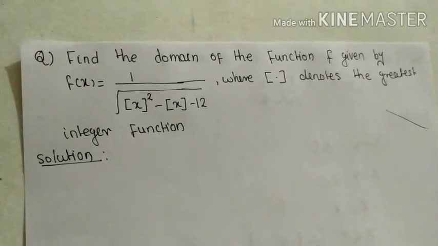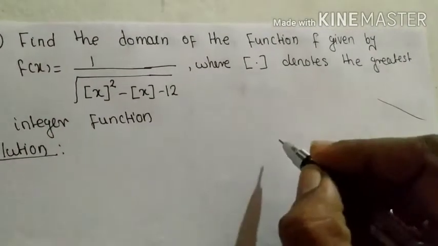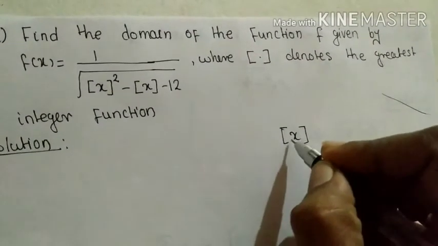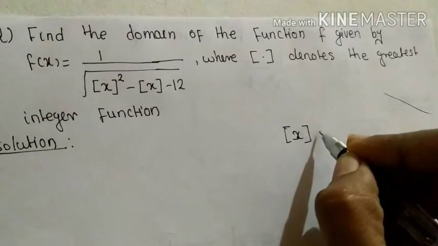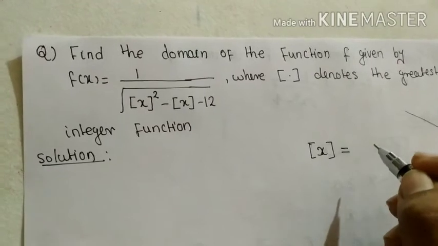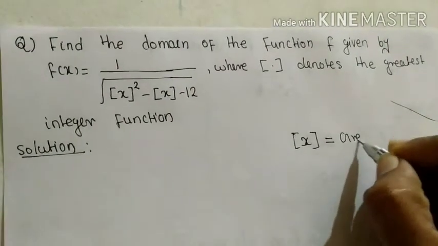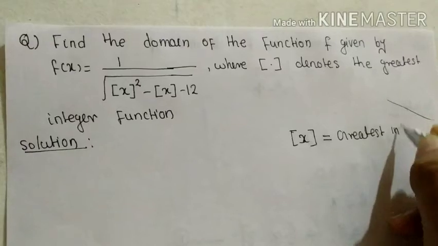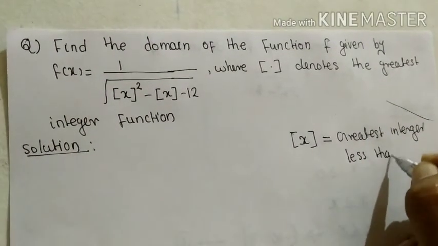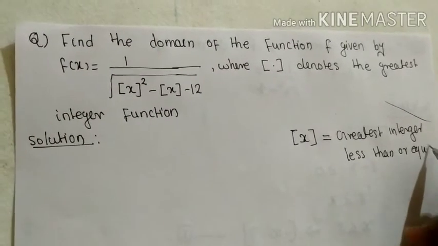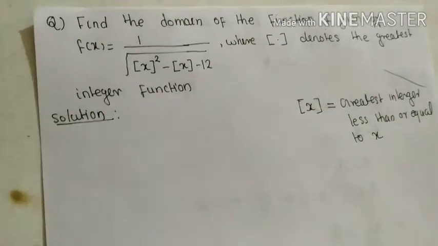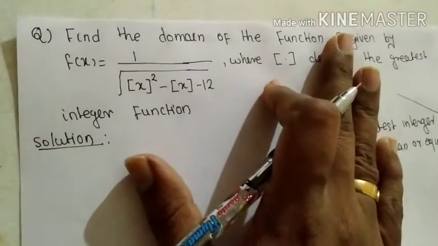We have already learned that the greatest integer function is denoted by this, and the greatest integer x means the greatest integer less than or equal to x. I hope you remember. So let's start the solution of this question.